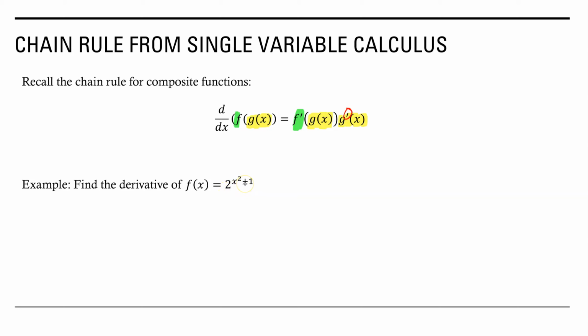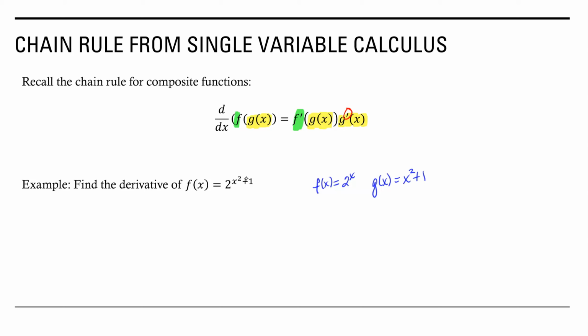I've got 2 to a power. So this outer function I would consider being 2 to the x. And then what is in the exponent for that exponential function? That would be this g of x, and that would be x squared plus 1.